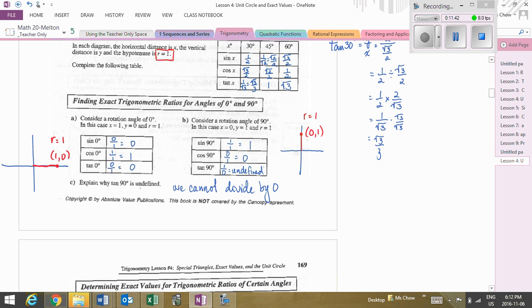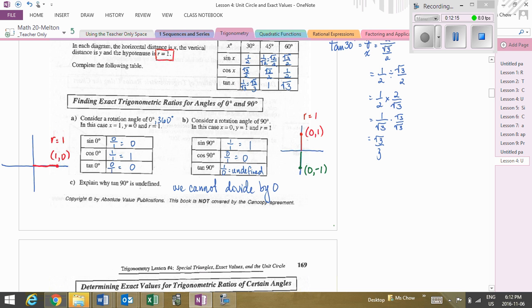So remembering again that a rotation angle of 0 degrees is also going to be exactly the same as a rotation angle of 360 degrees. 90 degrees, however, will not be the same as 270 degrees, because if the terminal arm was on the negative y-axis, well, r is still 1 and x is still 0, but y is now negative 1.